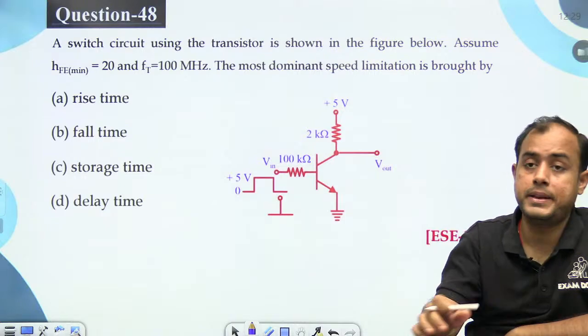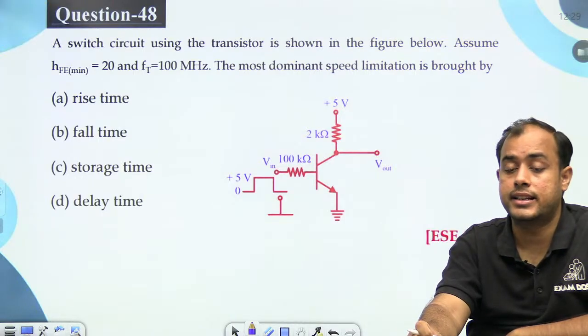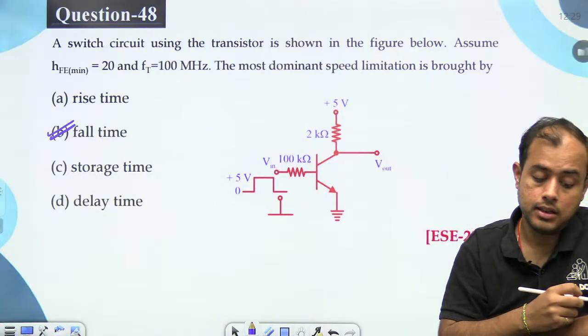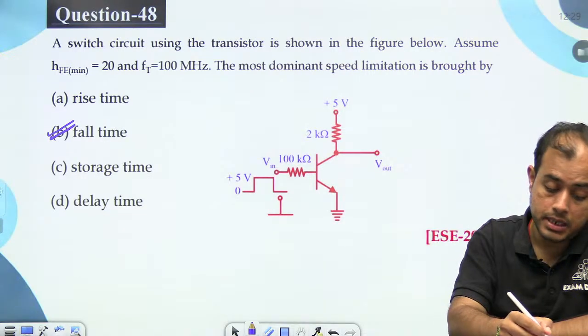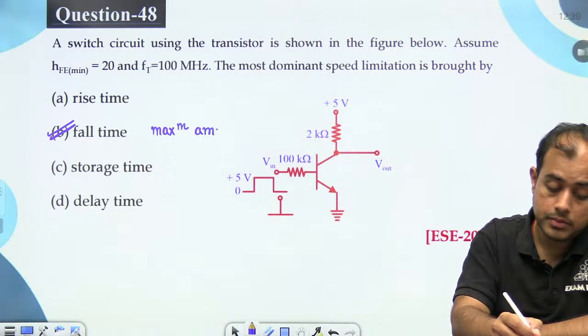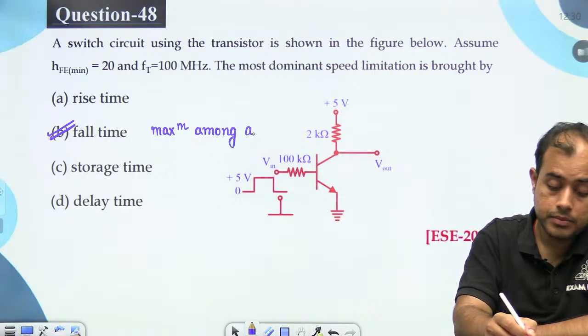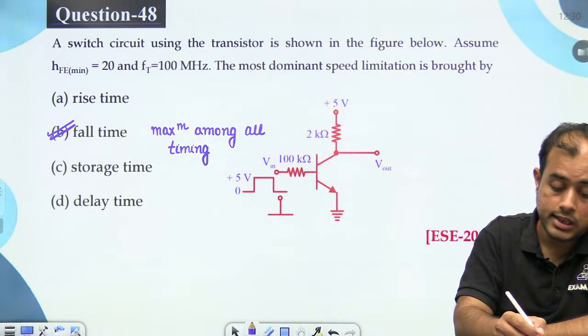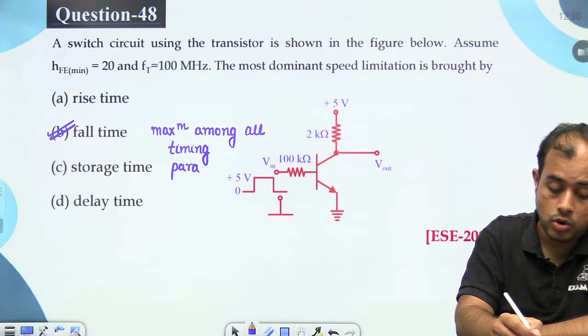The most dominant speed limitation in a transistor is brought about by fall time. Okay, this is the maximum among all timing parameters. So basically, fall time makes a transistor slow.